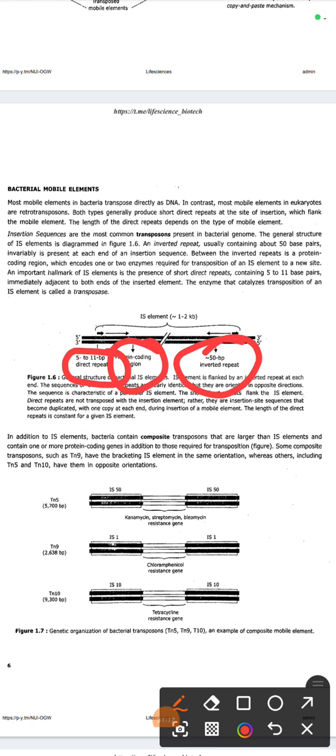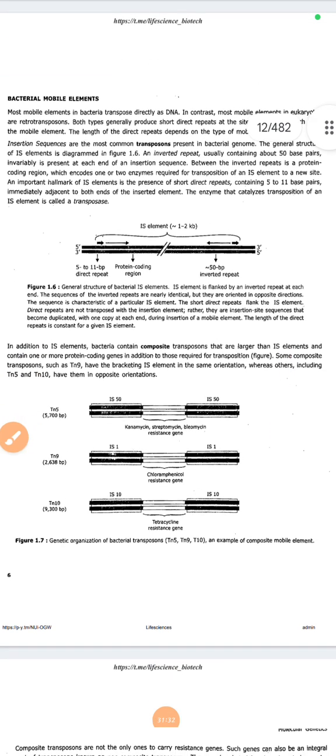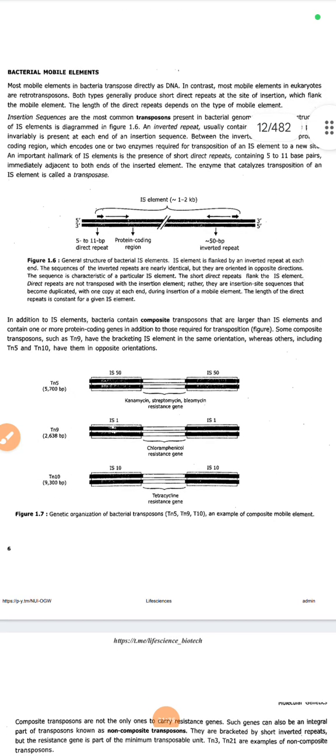So one is the inverted repeat, one is the direct repeat, and here is the protein coding region. The enzyme involved here is transposase. This is the general structure of a bacterial IS element.